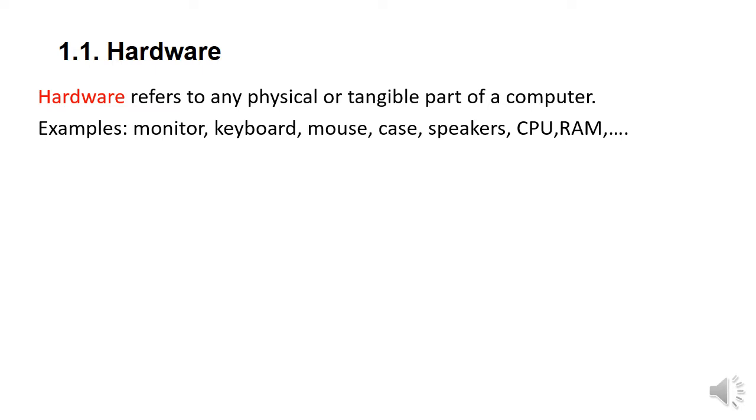Examples: we have a monitor. A computer monitor is hardware because we can see a monitor and touch it. We have a keyboard. A keyboard also is a computer hardware because it is visible and can be touched.